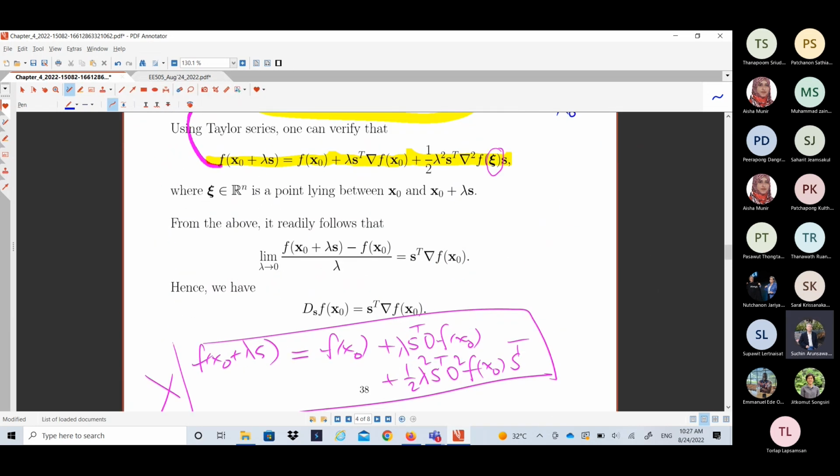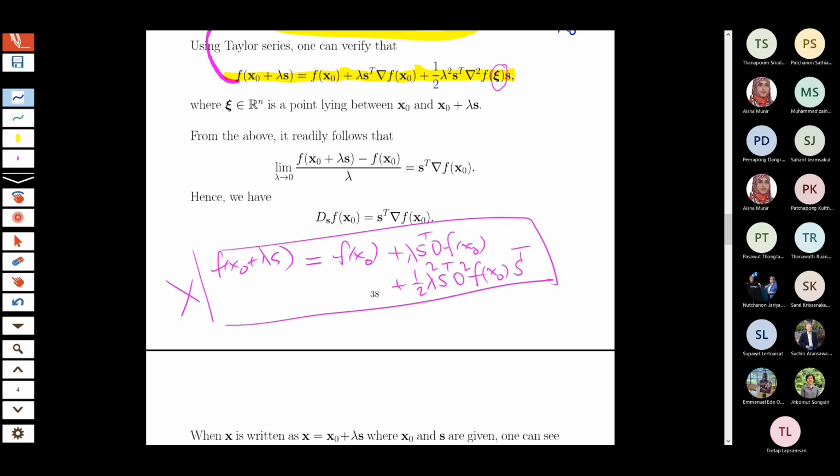Right? Okay, so this is the formula we use to compute the directional derivative.